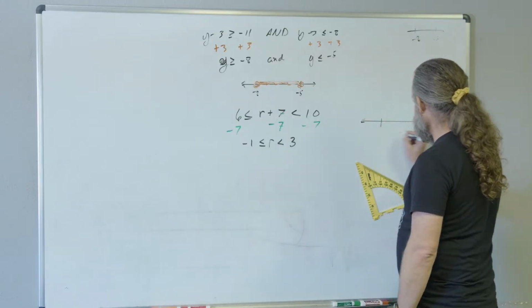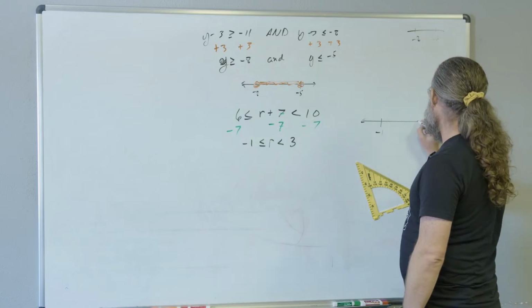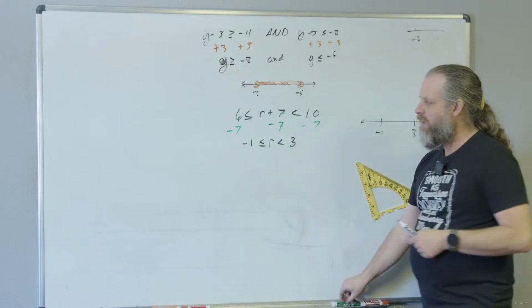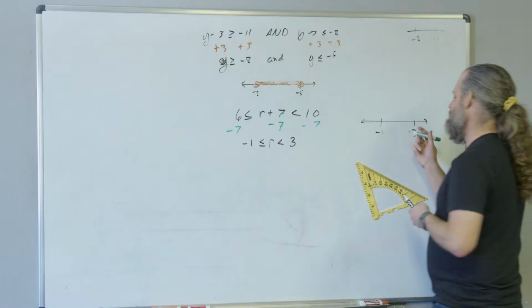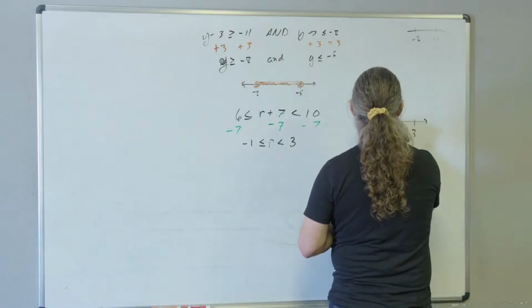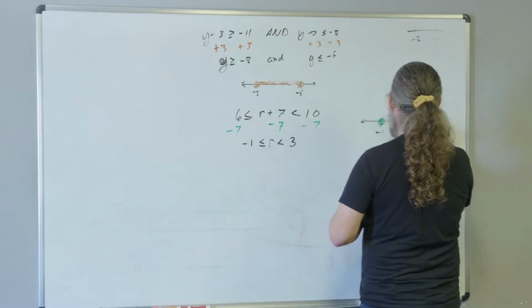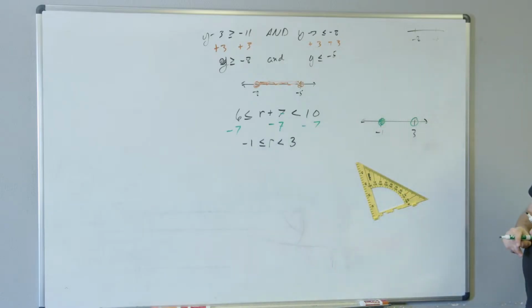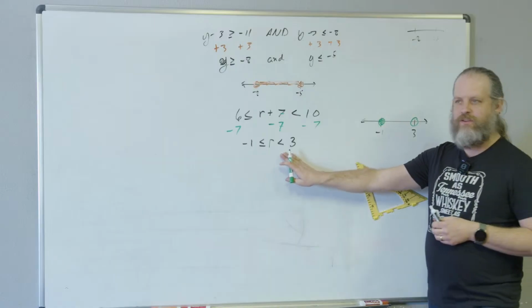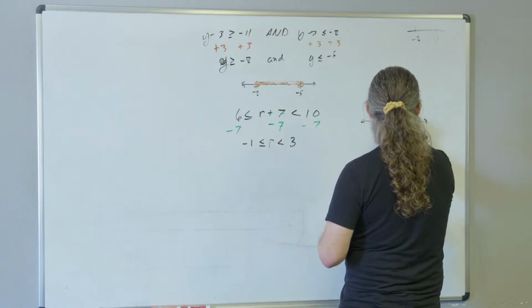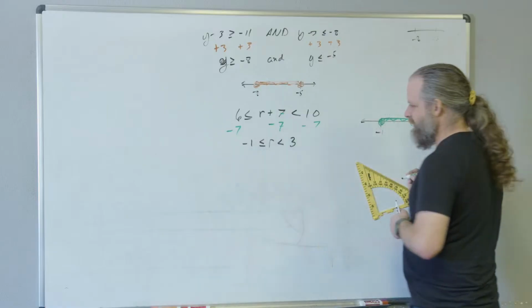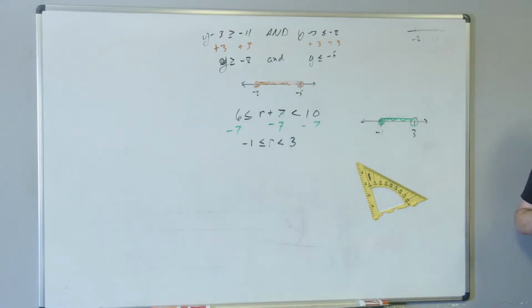We put a dot at negative 13 and a dot at 3. The one at negative 13 is going to be filled in, right? The one at 3 is not going to be filled in, right? Because it doesn't have an equal to. And then we're going to shade in between them because we're greater than or equal to negative 13 and less than 3. Easy peasy. Good.